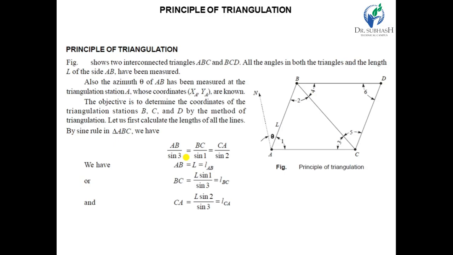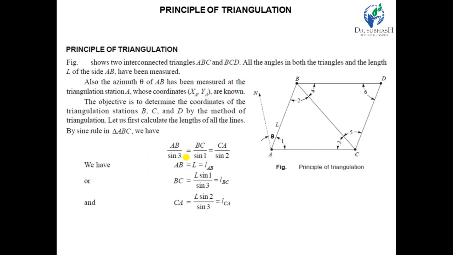Now, in simple words, that is the understanding of the principle of triangulation. It shows two interconnected triangles ABC and BCD. All the angles in both triangles and the length L of side AB have been measured. Also, the azimuth theta AB has been measured at the triangulation station A, whose coordinates are XA and YA.